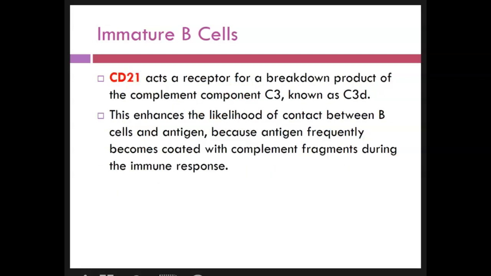Oh, and this is going to be important for when we get to the complement chapter. CD21, you don't really need to know the number, but just know that these B cells have receptors for complement components. So file that away because there's a whole chapter just on complement.